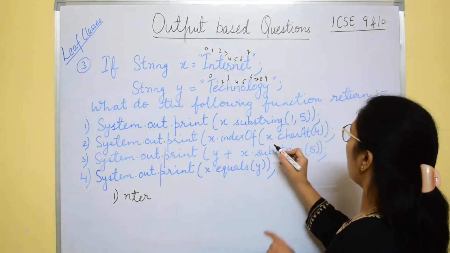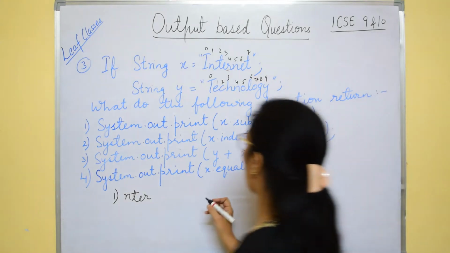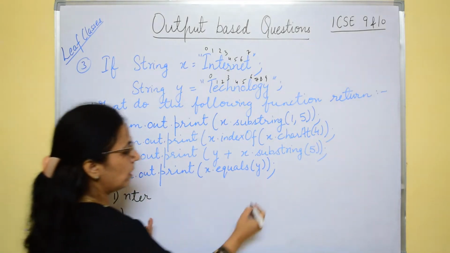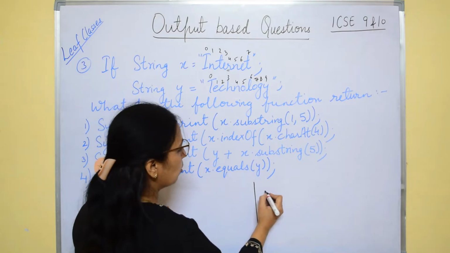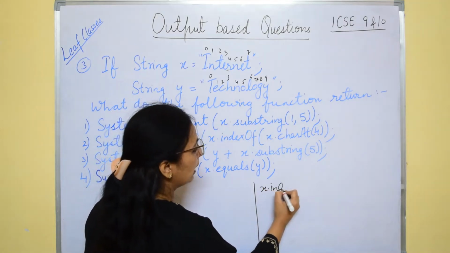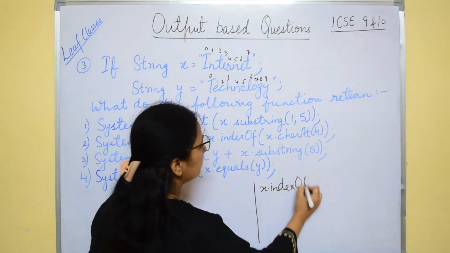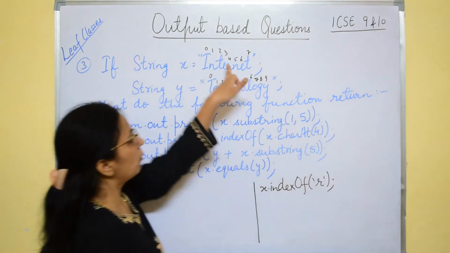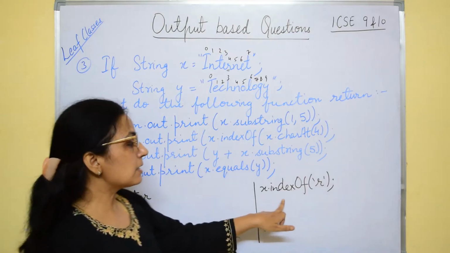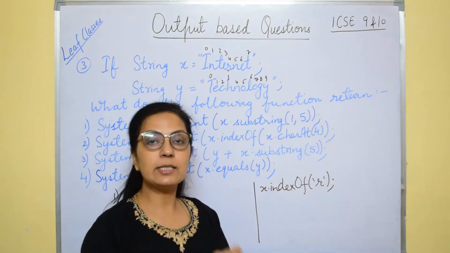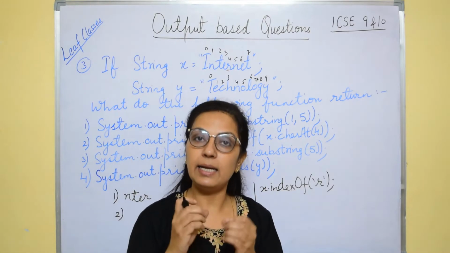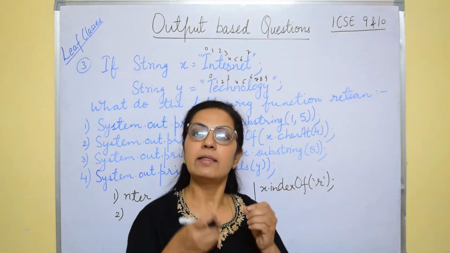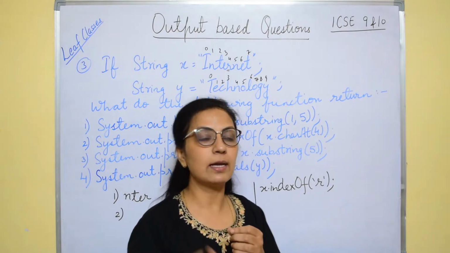Right? Now we have to solve the second part. I will write the answer here only, and explain. So it will be x.indexOf(R). x.charAt(4) will give you R, and indexOf function returns the index number of the given character, the first occurrence of the given character.